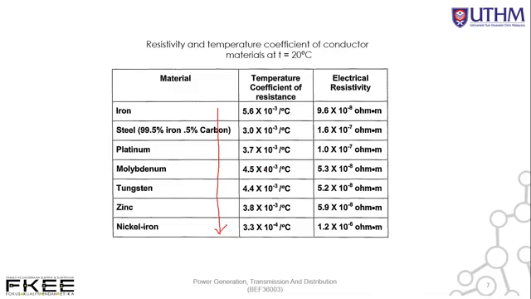You can see there are different temperature coefficients of resistance, most of them on the order of 10 to the power of -3 per degree Celsius. You can also see the various electrical resistivities for the different materials from iron to nickel iron.